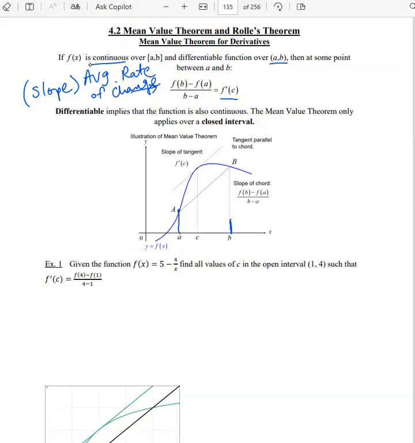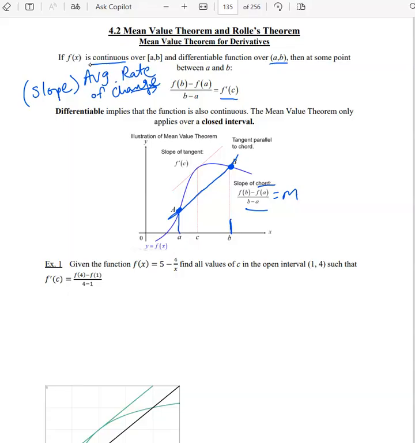And what we're saying is, if I were to calculate the slope of the line segment, or the secant line, or the chord, as they're calling it in the picture, from A to B, the slope of that line would be given by f of b minus f of a over b minus a.